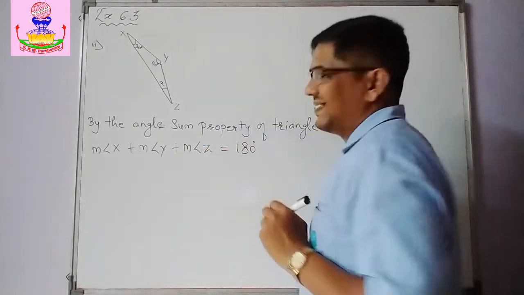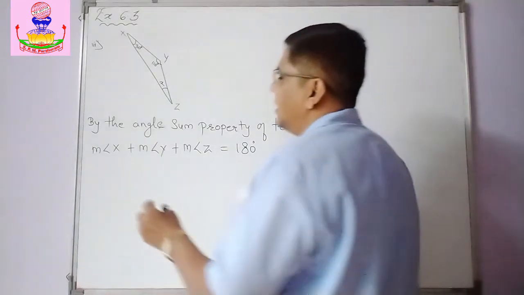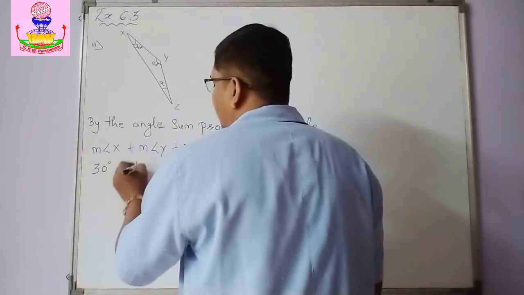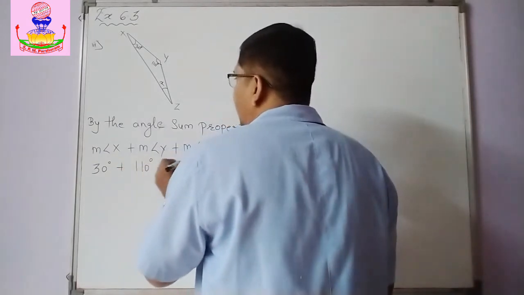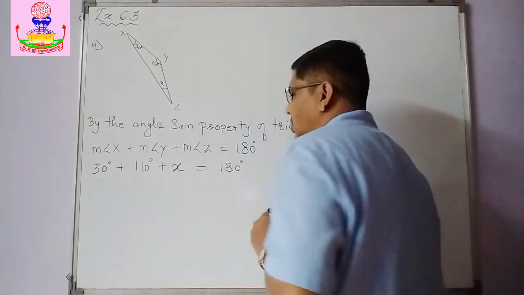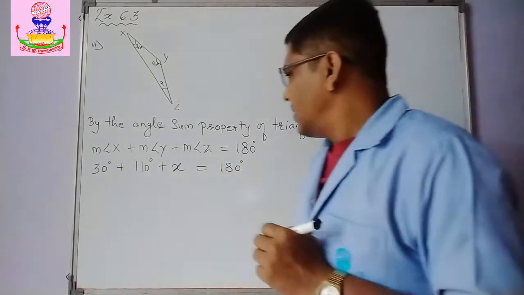Yes, 180 degrees. Right? Now measure angle X is 30 degrees, substitute the given values. Measure angle Y is 110 degrees, and measure angle Z, that is x, we don't know. So that is equal to 180.